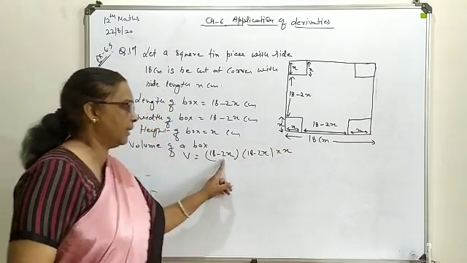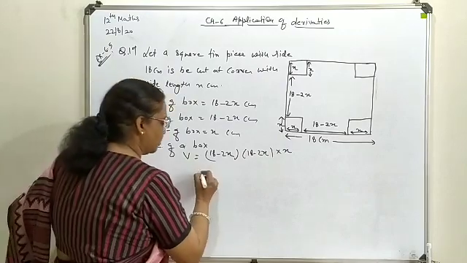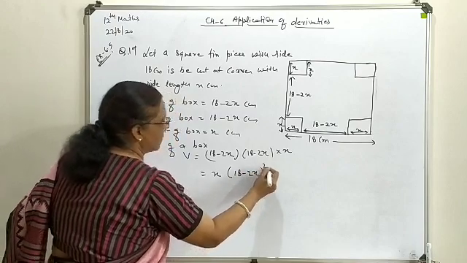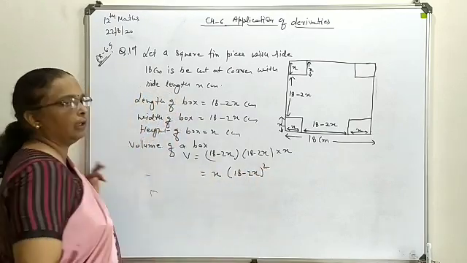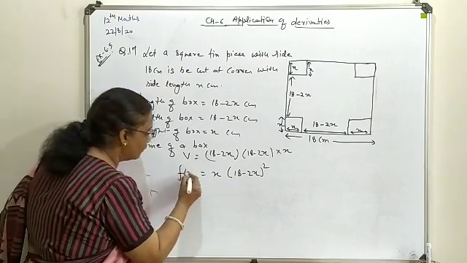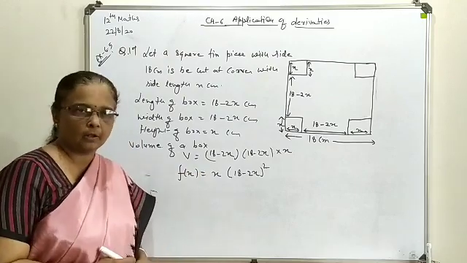You multiply these three parameters, and you write it as x times 18 minus 2x whole square. Everywhere you are getting terms with the variable x, so it can be expressed as a function of x for more convenience in handling the question.